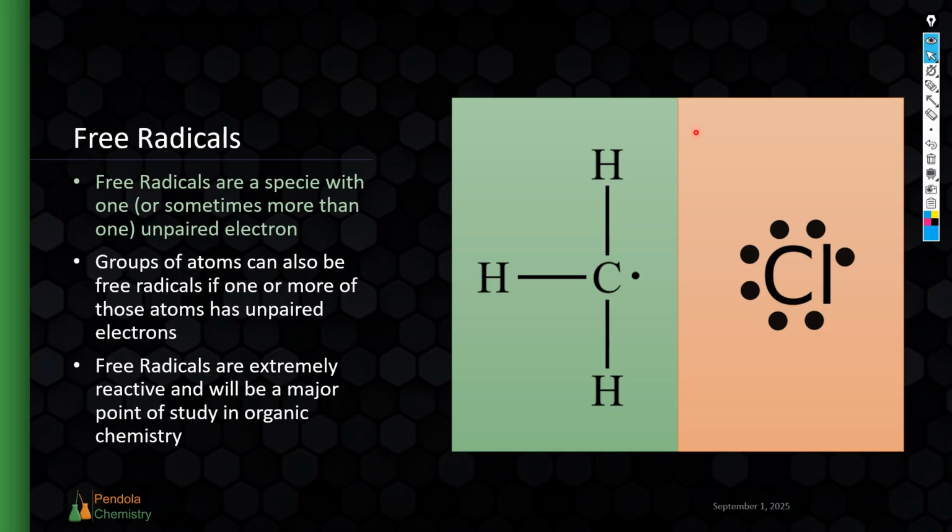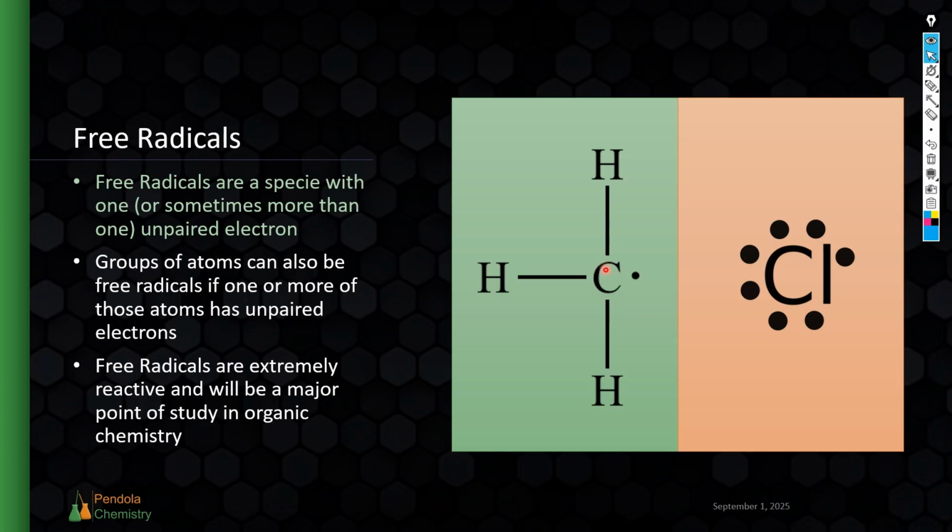As we know, electrons usually want to be in a stable conformation, and having an odd number of electrons like this, where one of the electrons is not paired up, makes those free radicals extremely reactive. So whether it's chlorine, which doesn't exist in nature by itself, or the CH3, which also doesn't exist in nature by itself, they don't exist in nature because they're so reactive, they'll pair up or they'll attack anything they see.